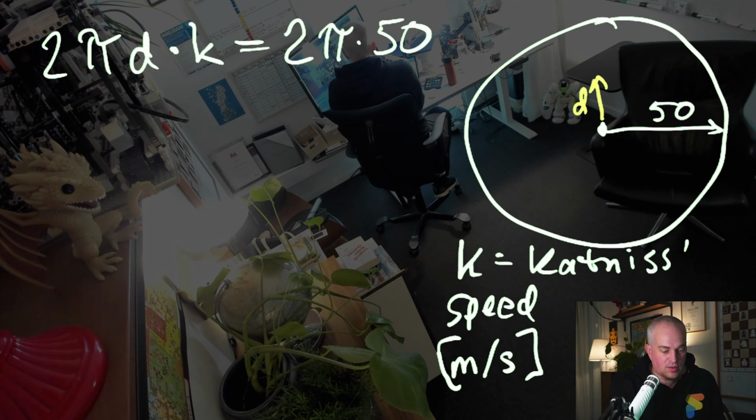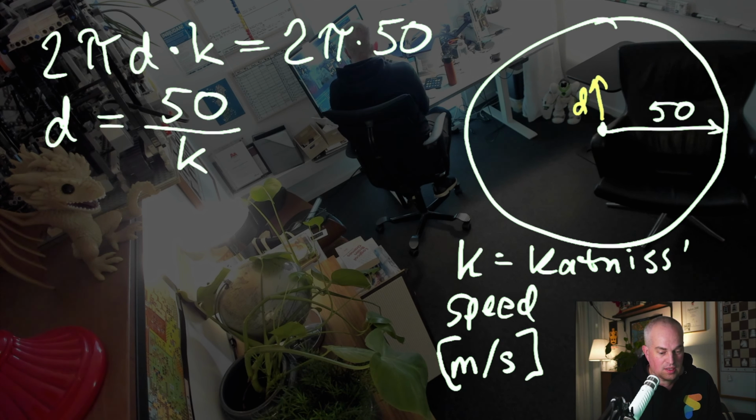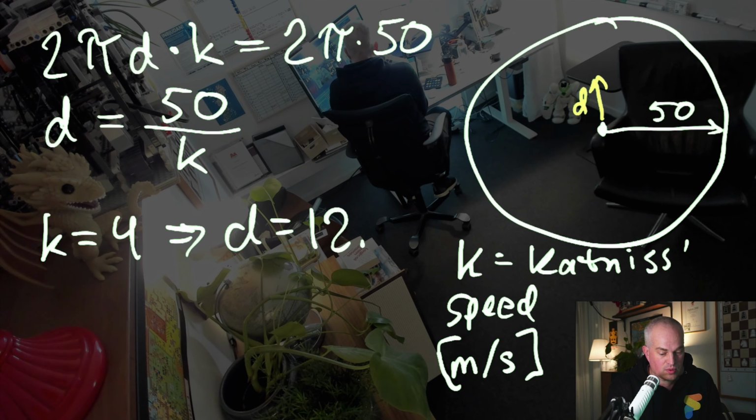And if we then calculate d, we can divide both sides by 2 pi, so we get d is equal to 50 divided by k. So this means if k is equal to 4, then that gives us d equals 12.5. So that is the acceptable circle that we can use.